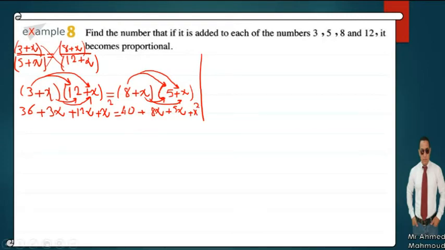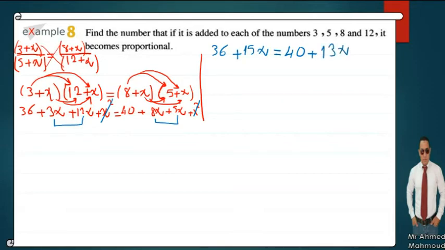Okay, now by looking carefully, we have x² and x² which will cancel together, and I will collect 3x and 12x together, 8x and 5x together. It will be like this: 36 + 15x = 40 + 5 + 13x.